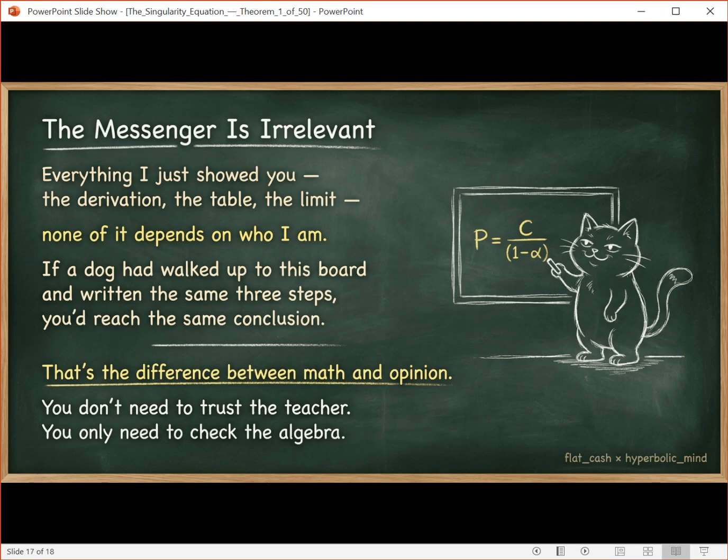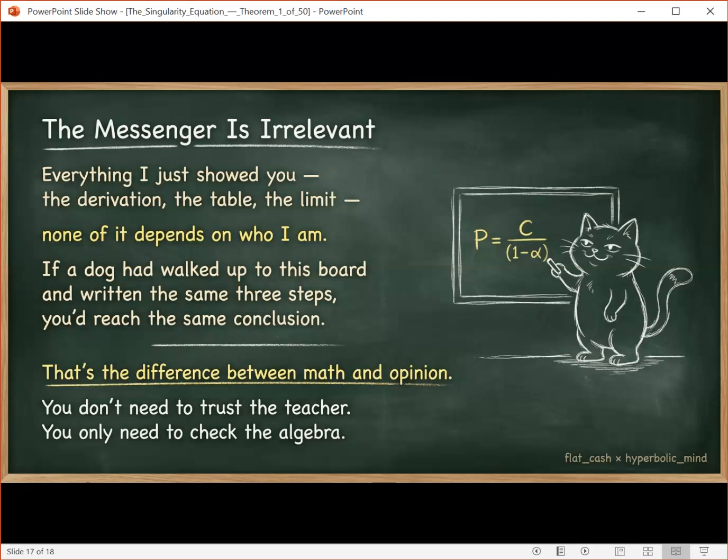I'm trying for you to understand that who I am is really irrelevant. If right now my dog walked up to me and drew those same equations I showed you just now, price equals C divided by 1 minus alpha, it would still be true.